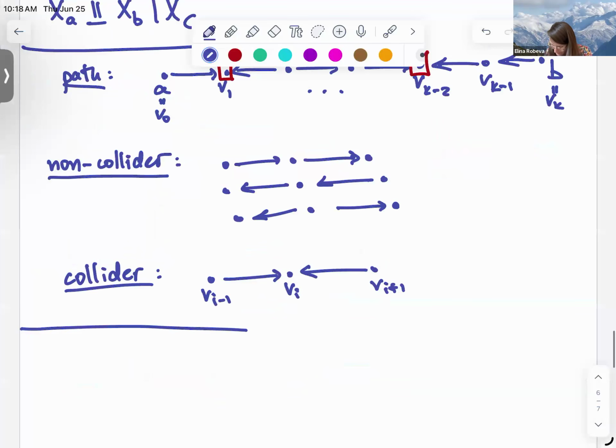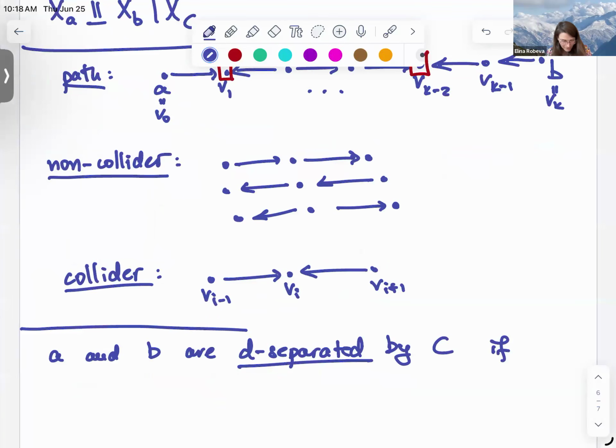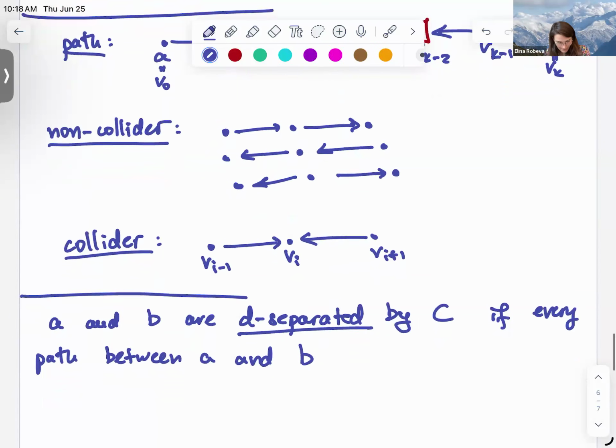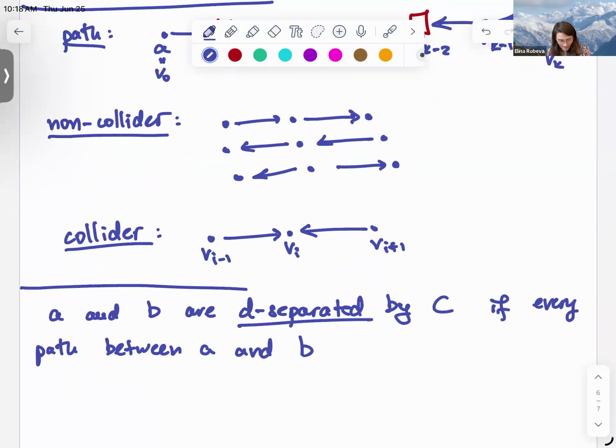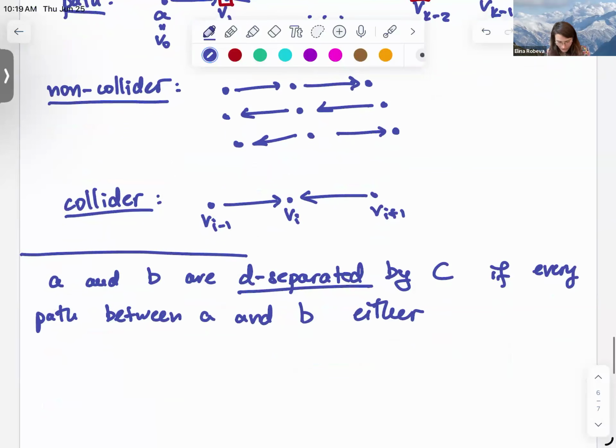Okay, so now A and B are d-separated by C if every path between A and B in the graph satisfies either of two cases.